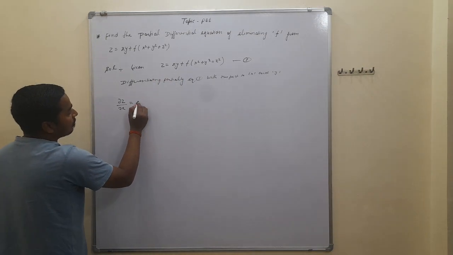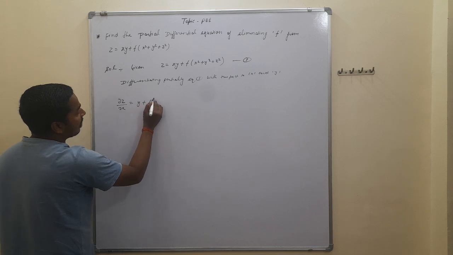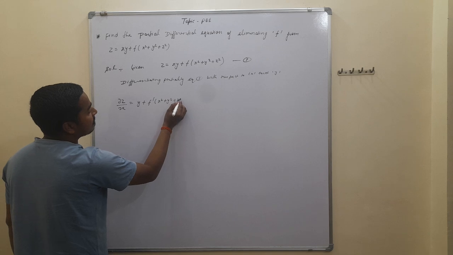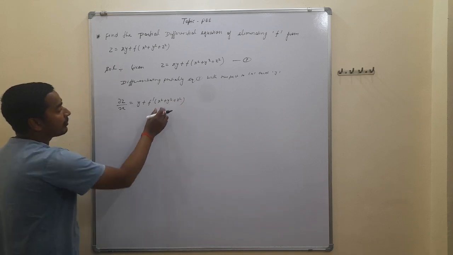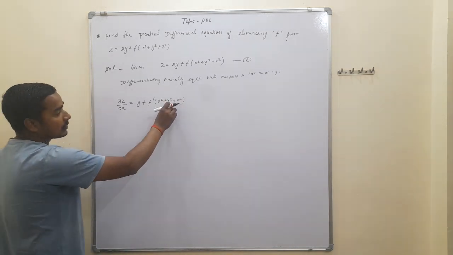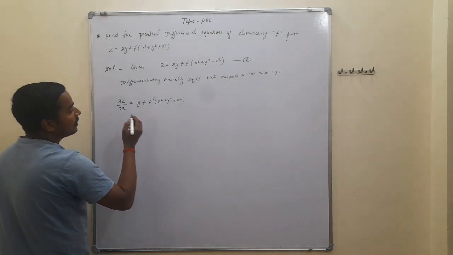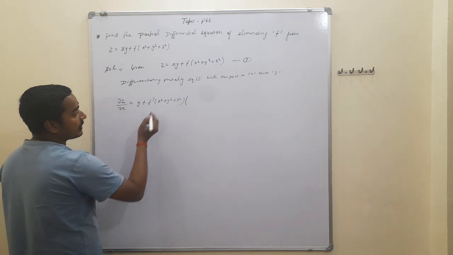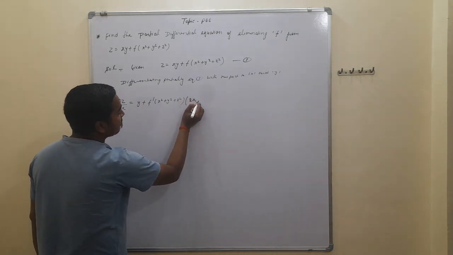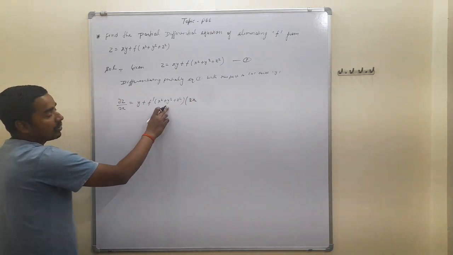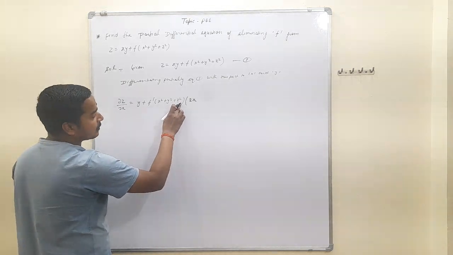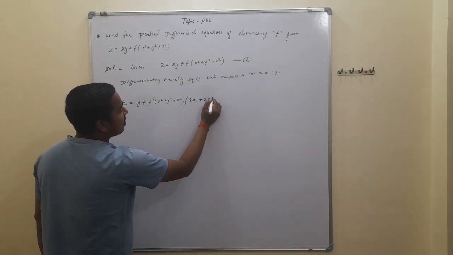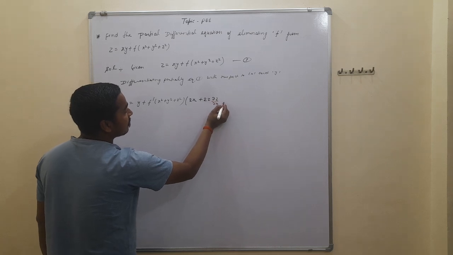So here it is y + f'(x² + y² + z²), and again the bracket x² + y² + z² differentiating with respect to x. This is given by x² differentiating with respect to x is 2x, y is constant so it becomes 0, and z² differentiating with respect to x gives 2z ∂z/∂x.